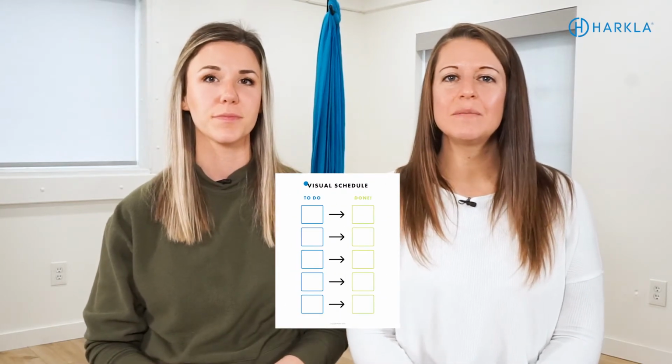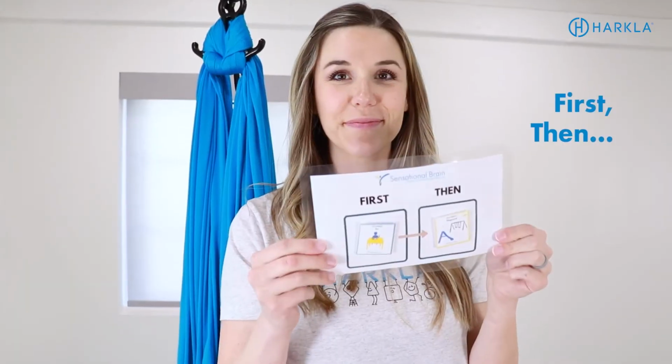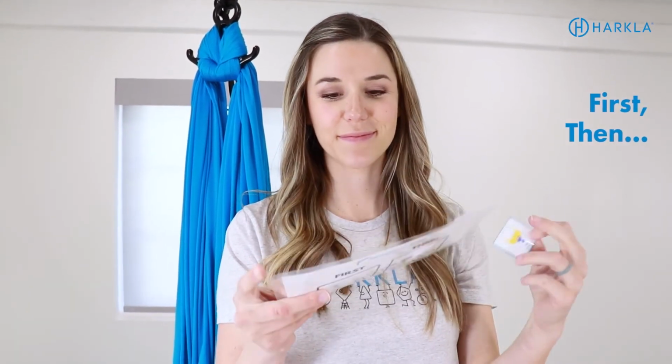Oftentimes executive functioning challenges show up in daily routine tasks. So things like getting dressed, meal prepping, brushing your teeth, being able to pack up everything for school or work. You're losing track of time, you're forgetting things, you don't know what to do next. All of that requires good executive functioning skills, and if there are challenges there, you want to be able to use visual lists or visual schedules of what to do, when to do it.